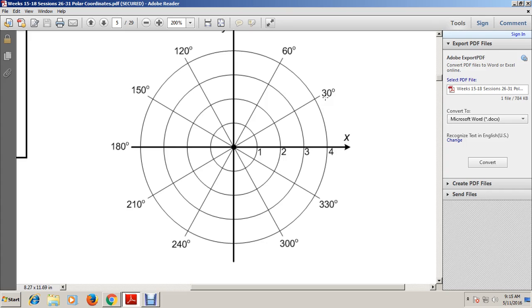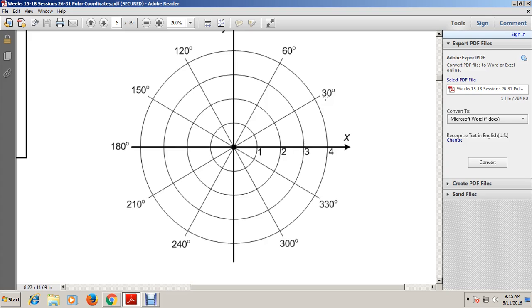If you have a conversion calculator in your computer, calculators or cell phone, you can look for a conversion between the radian measure for angles.